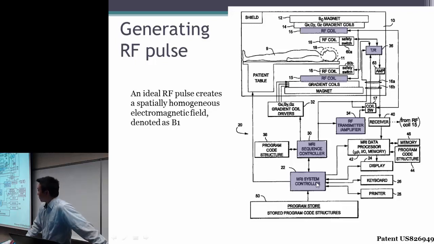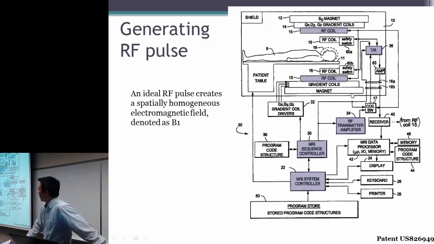So this controller system would then forward the timing and the strength of the gradient pulse to this MRI sequence controller. Oh, sorry, it's the RF pulse. So this controller now forwards the parameters of the RF pulse to the RF transmitter amplifier. This one is analog, but nowadays I think they are all digital amplifiers.